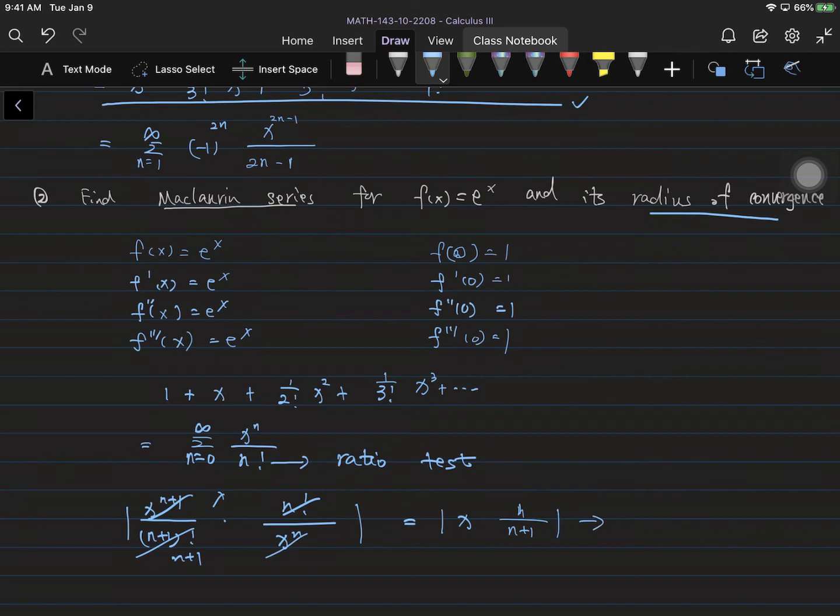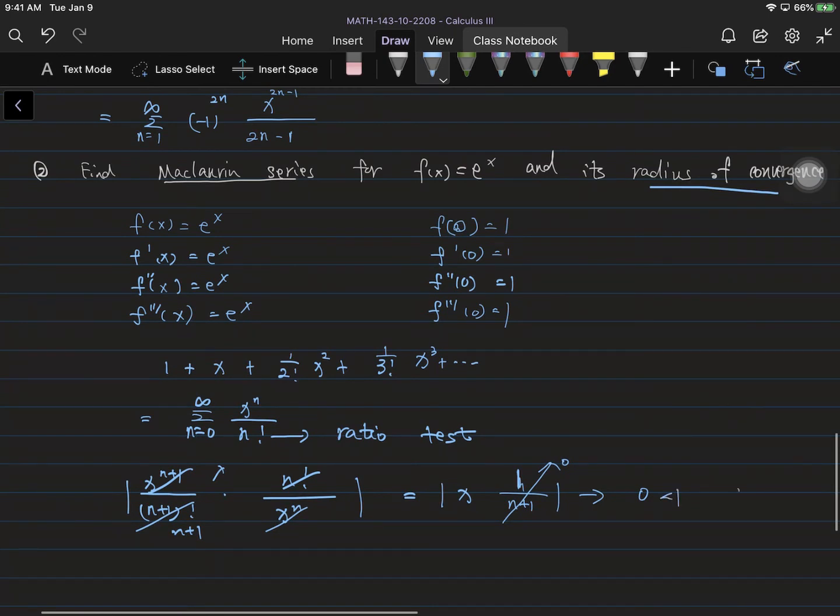So what's the limit of this one? You can see the top is 1, and the denominator goes to infinity, so this term goes to 0. So no matter what x is, this goes to 0. In this case, it converges, right?